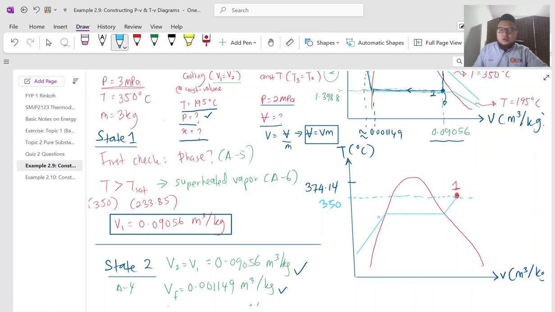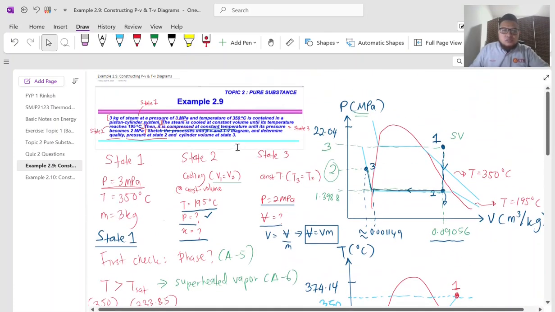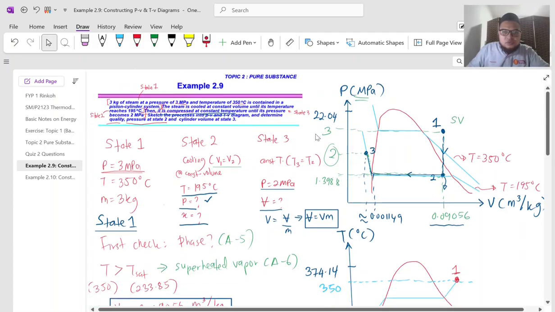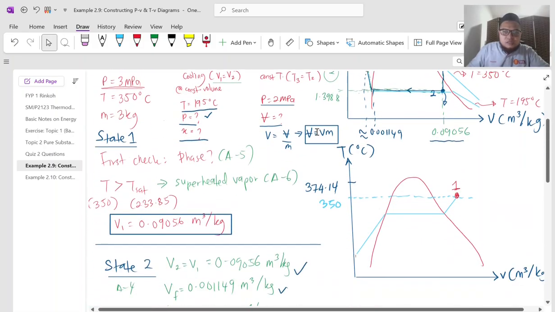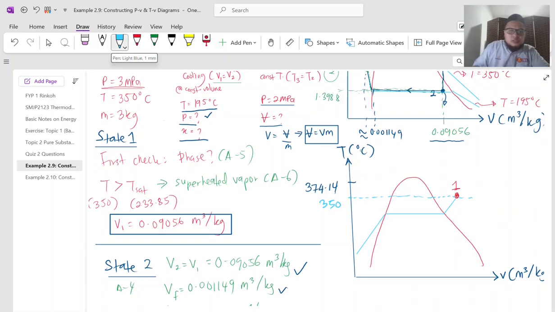The isobar will go up from left to right. And then at state 2, it goes down at a constant volume. So cool at a constant volume until temperature reaches 195. So let's put another isobar. That will be a constant volume cooling process, so it's going to go vertical like that.